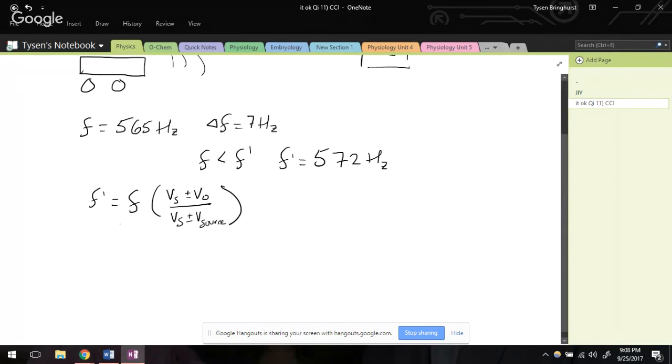So we'll actually have two equations here. So the first one is, if we think about this from the perspective of the building, in essence what the building is hearing from the trumpet, you have the sound wave, velocity of sound, and since the building is still, then the velocity of the observer is 0, and the velocity of the source is what we're trying to find here.